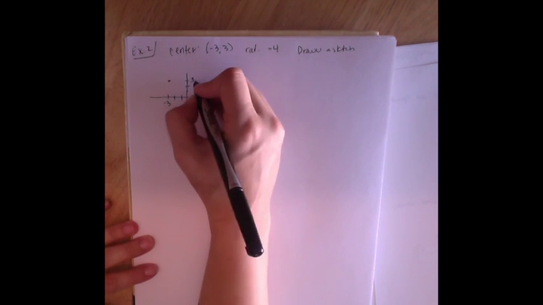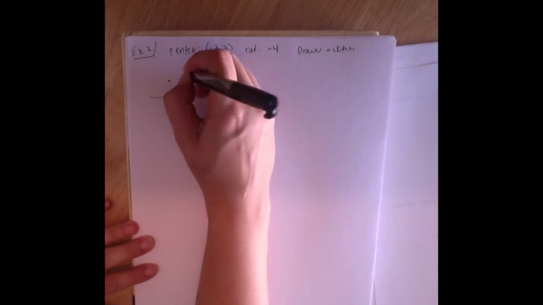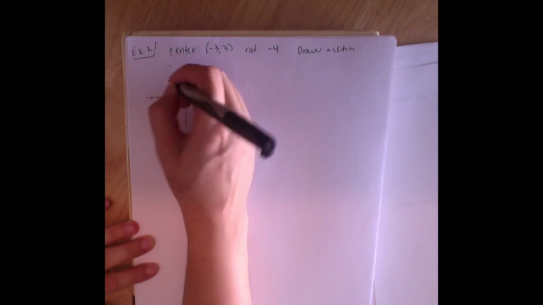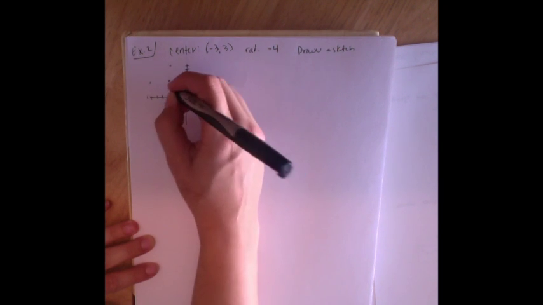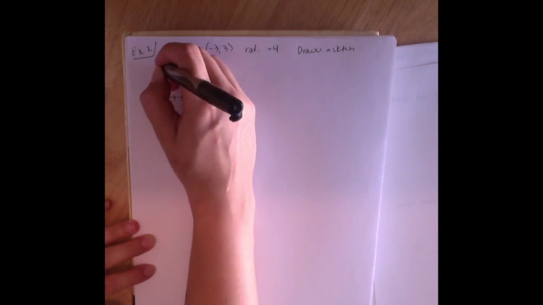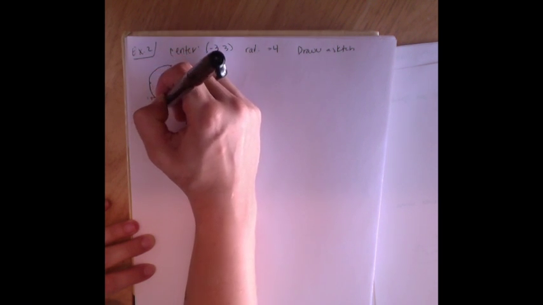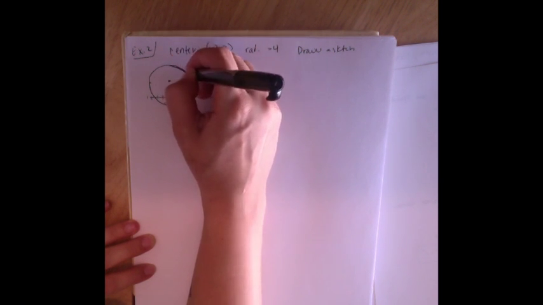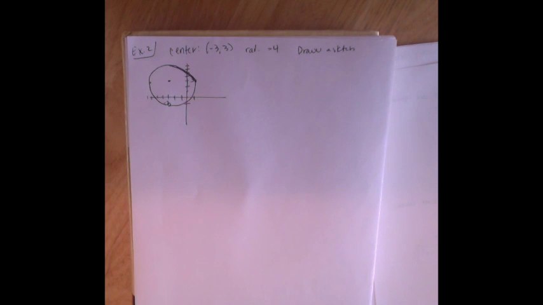So 1, 2, 3, 4. 1, 2, 3, 4. 1, 2, 3, 4. And 1, 2, 3, 4. Connect those dots to the best of your ability. Maybe your ability is better than mine. Okay, there's my circle.